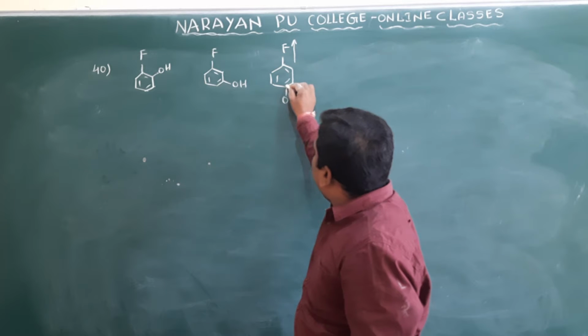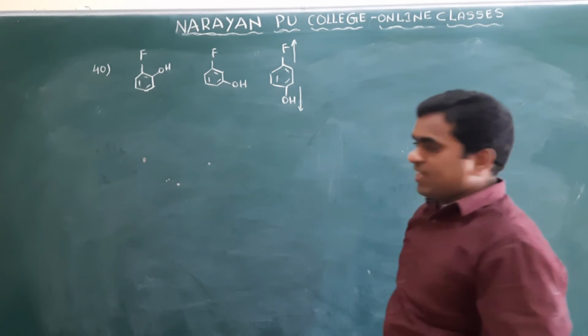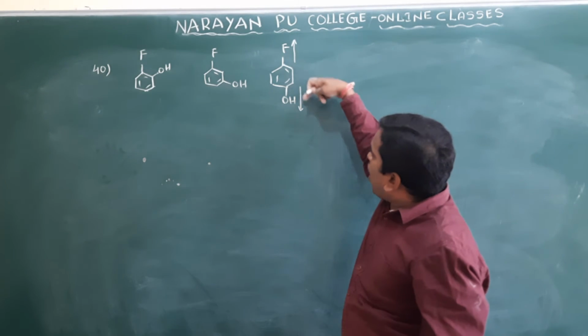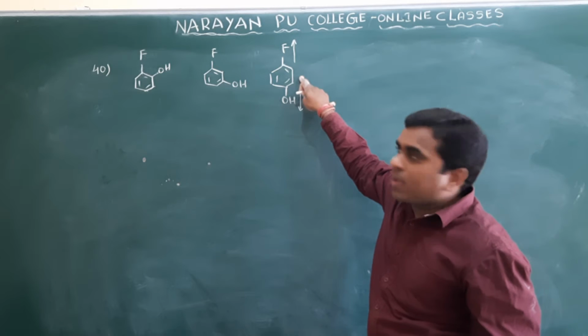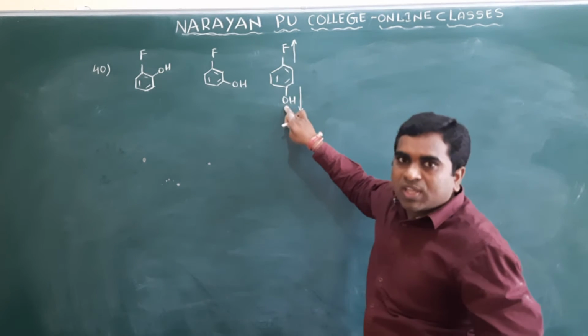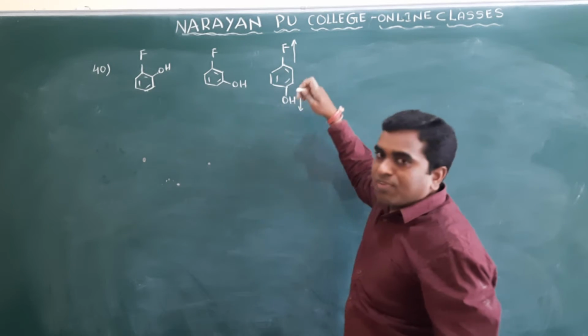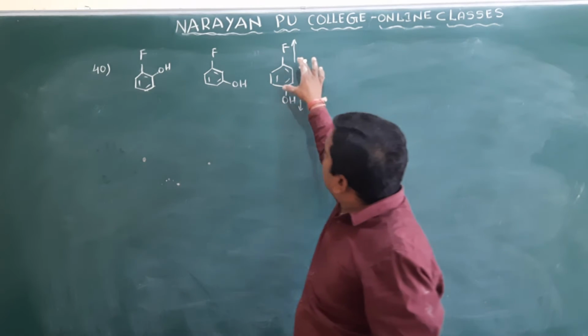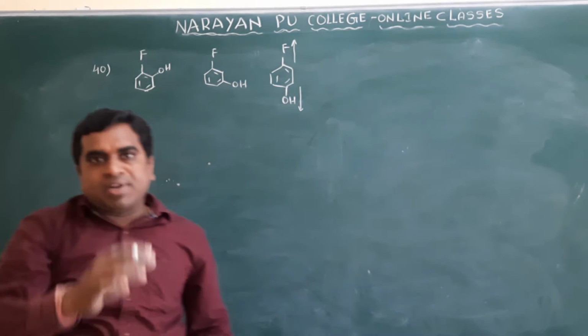And here, oxygen is more electronegative than carbon, so the dipole moment direction is in this direction. Both are in opposite directions. Will the dipole moment be 0? No, it won't be 0, because fluorine and OH are different groups, and the magnitude in each direction will not be equal. So the dipole moment is only partly cancelled, and that's why the dipole moment decreases.